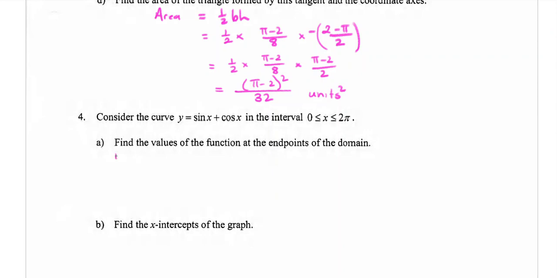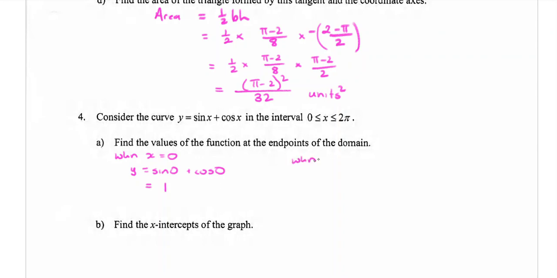So I'm going to sub in when x is equal to 0. That's my first one, which would be y equals sine of 0 plus cos of 0. Sine of 0 is 0, but cos of 0 is 1. So that's just equal to 1.